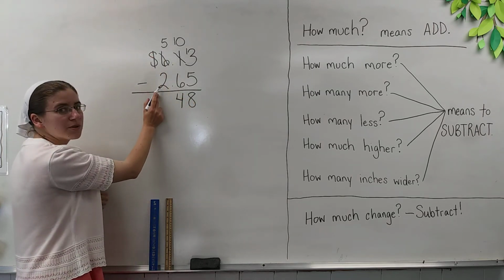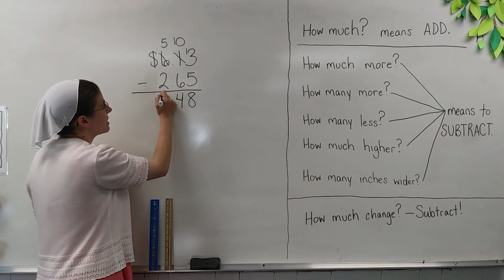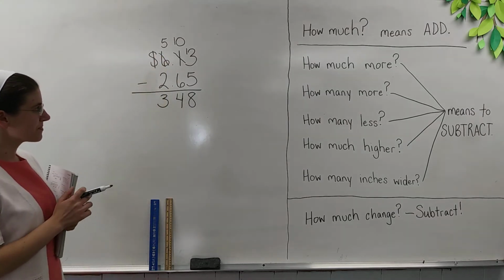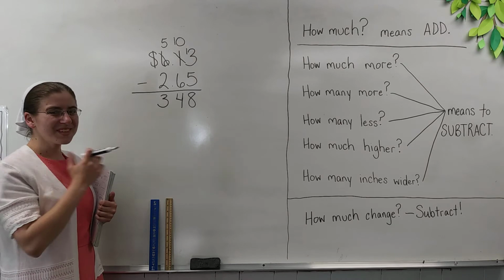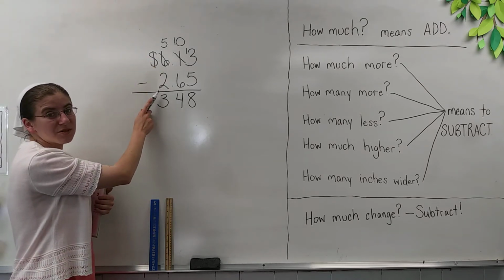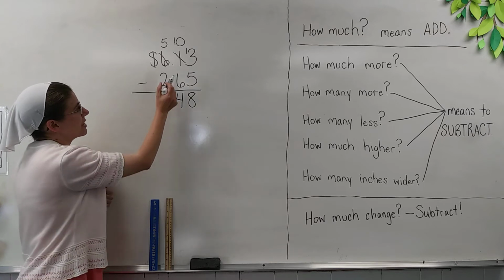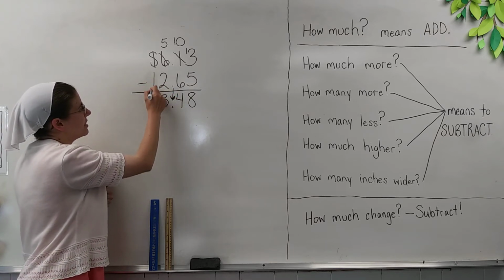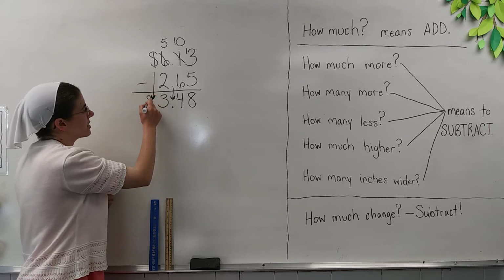5 take away 2 equals 3. If I have 5 things in my box, I can take out 2 of them, right? Because 2 is less. And then we drop our decimal point and drop our dollar sign.